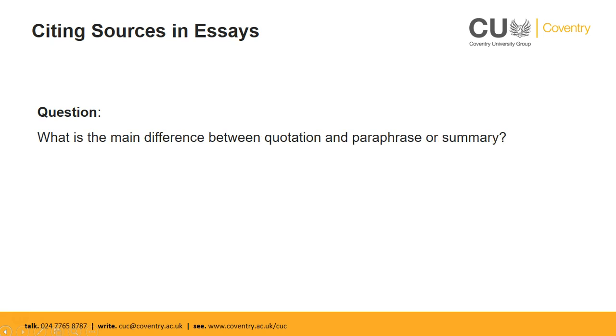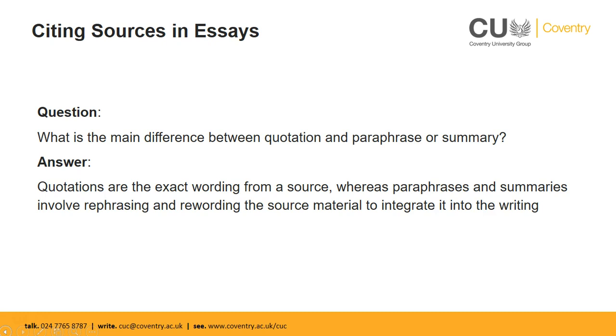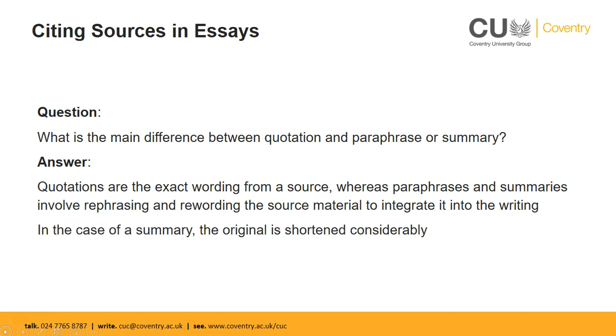Okay, so what is the main difference between them? Quotation, paraphrase, and summary. Pause the video here and try to answer this question. The answer is that quotations are the exact wording from a source, whereas paraphrases and summaries involve rephrasing and rewording the source material so you can integrate it into your writing.